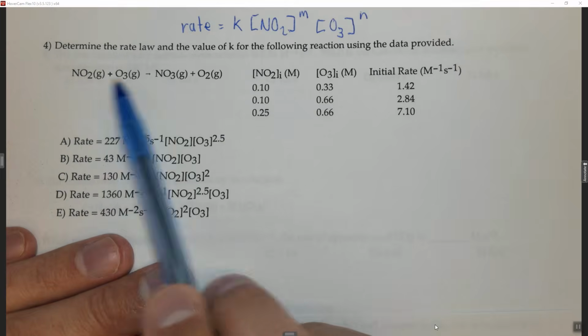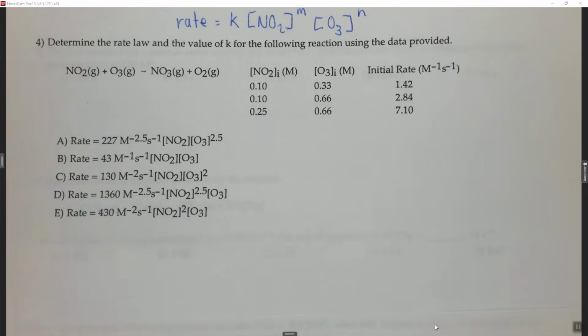Why not? Because this is the overall reaction, and we don't know the mechanism of the reaction, so we don't know what the slow step is, what is actually bouncing into each other and reacting, or something's falling apart, or whatever the case may be. We don't know what that is until we do a study like this.